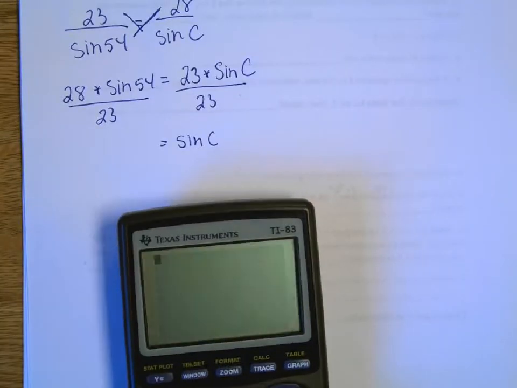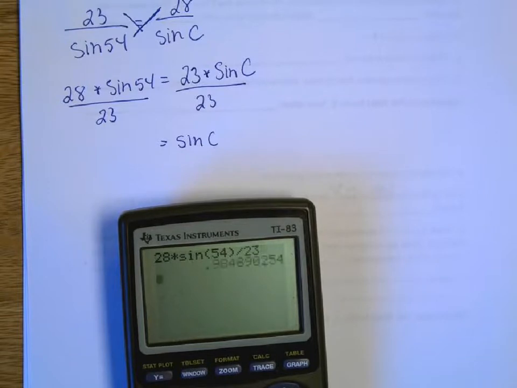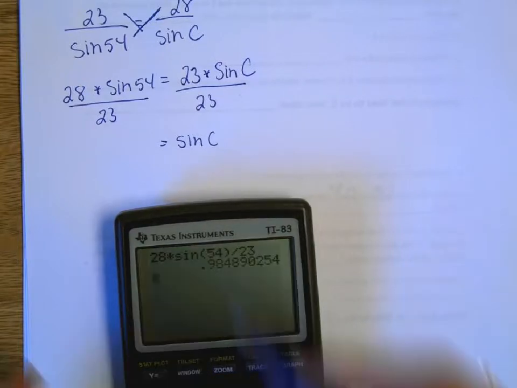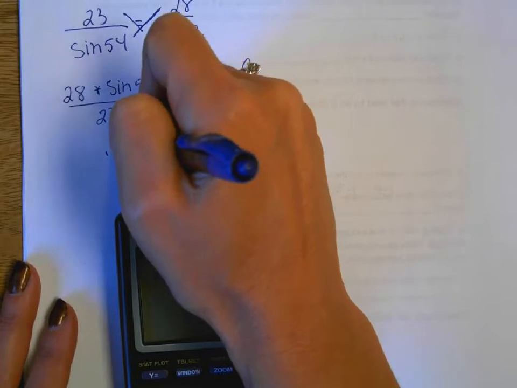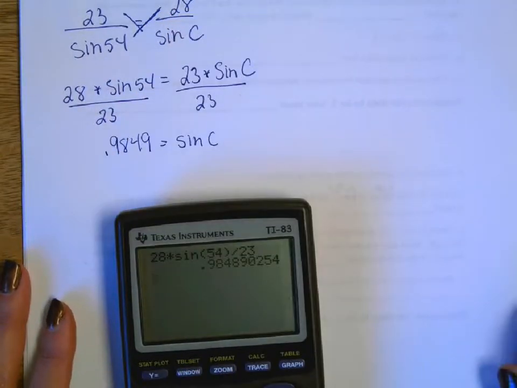So 28 times sine of 54 divided by 23. I got 0.9849. Now what do I do to both sides of this equation to figure out what angle C is?